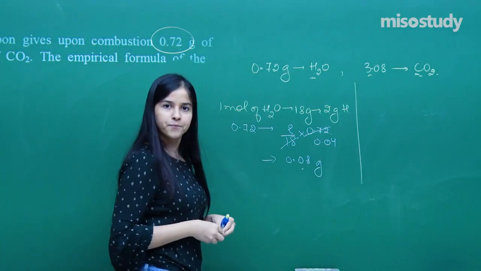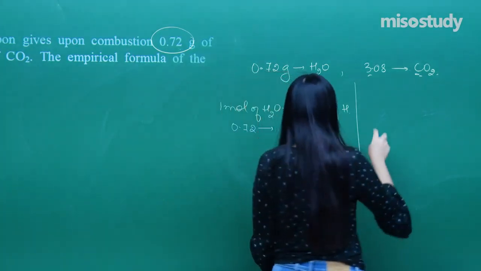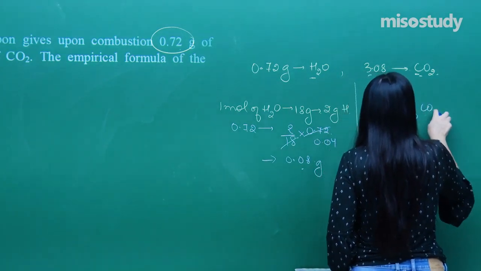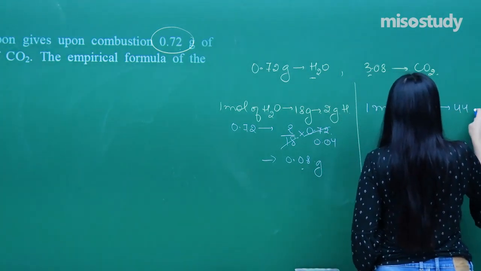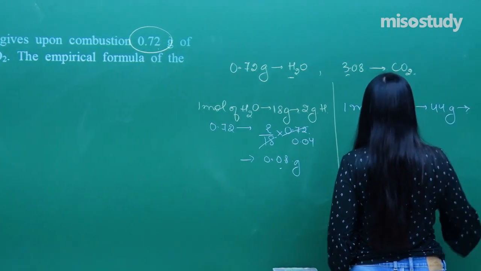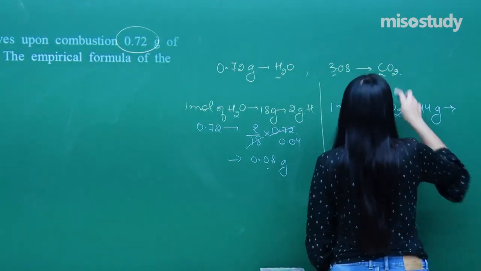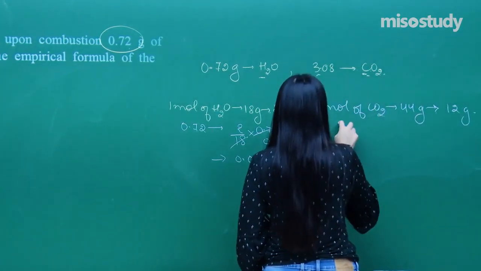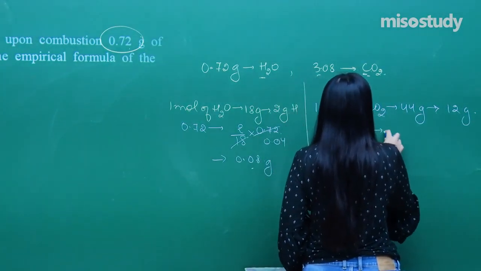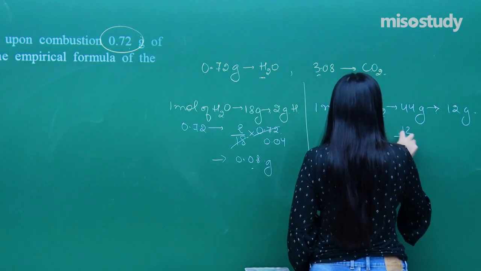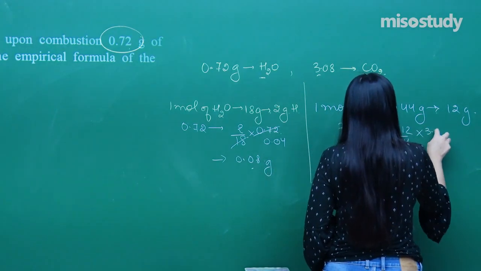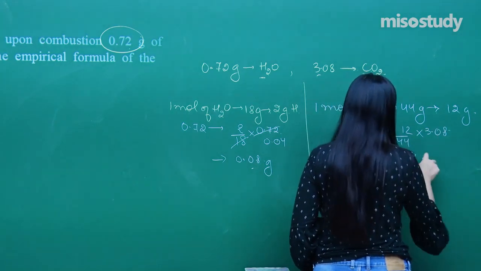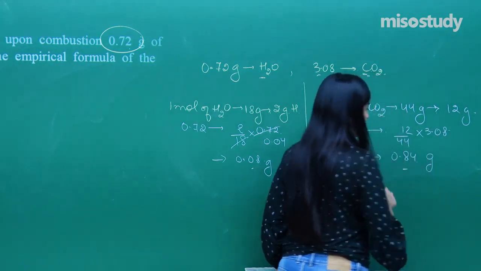This much grams. Now if you come here, 1 mole of CO2 will correspond to, we know the molar mass of CO2 is 44 grams. If not, you can just find it out very easily. So it will correspond to how much carbon? 12 grams. So 3.08 will correspond to how much? 12 by 44 into 3.08, which comes out to be 0.84 grams, right?